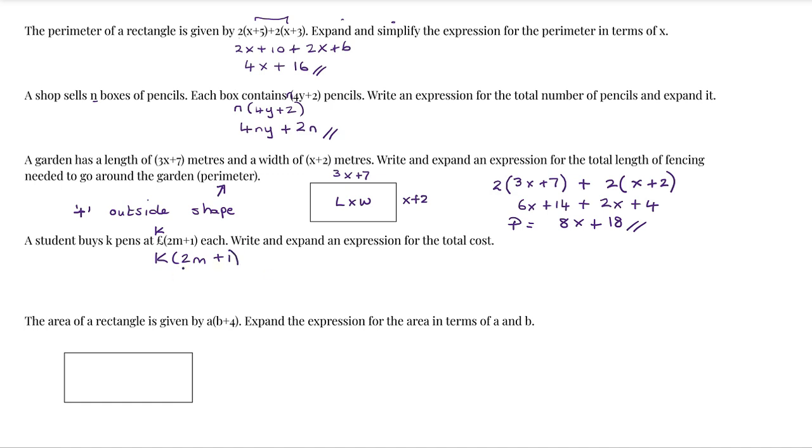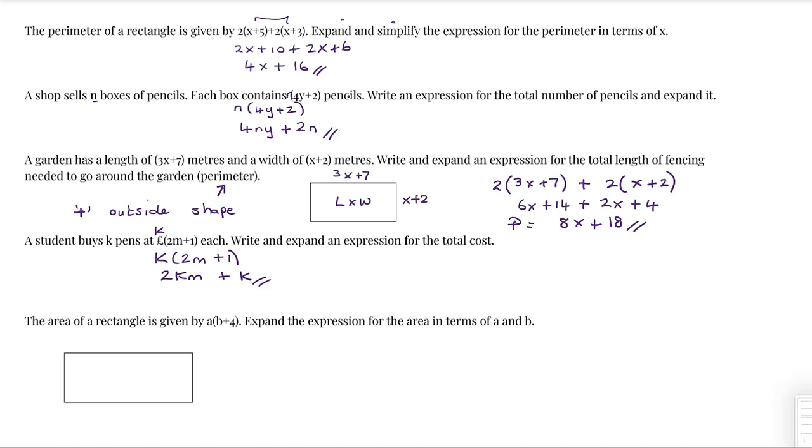So now we're going to find the total cost. So we're going to do k times 2m. So we now have 2km plus k times 1 is 1k. And we can't simplify it because that's one term and that's another term. So that's your answer.